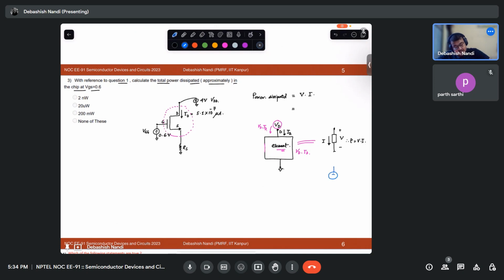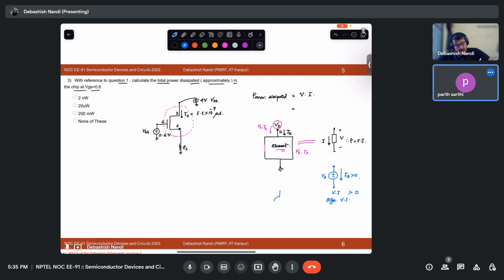Now tell me, if this is a voltage source and some current is flowing in this direction, let's say this is Id and this is Vd, what is the power? First thing, whether power will be dissipated or delivered. Power will be dissipated because the sign of VI is positive, right?